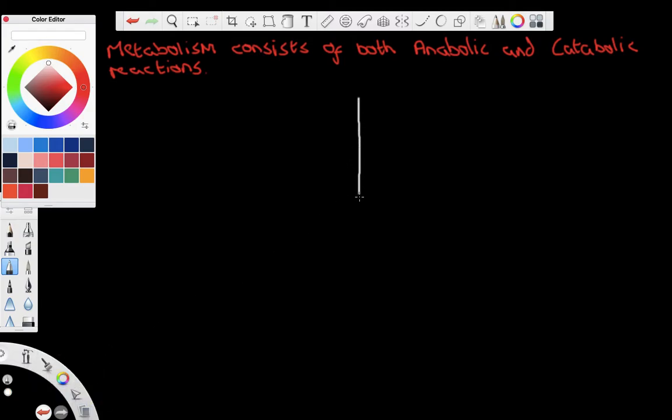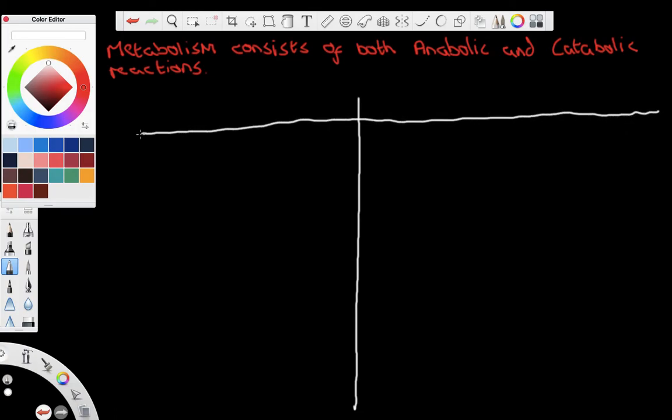And now we can divide the board up and we can give ourselves a table which we can write on. The first one we're going to talk about are anabolic reactions.